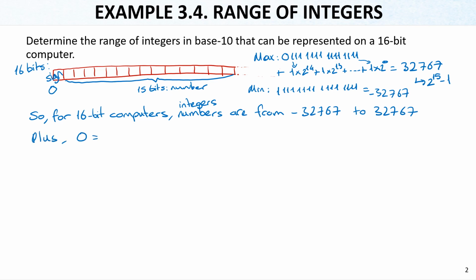We define 0 in computers with a minus sign in the beginning, and the rest is 15 zeros. This gives us 0. Of course we could define 0 with a positive sign as well, which gives us another representation, but we don't do that in computers.